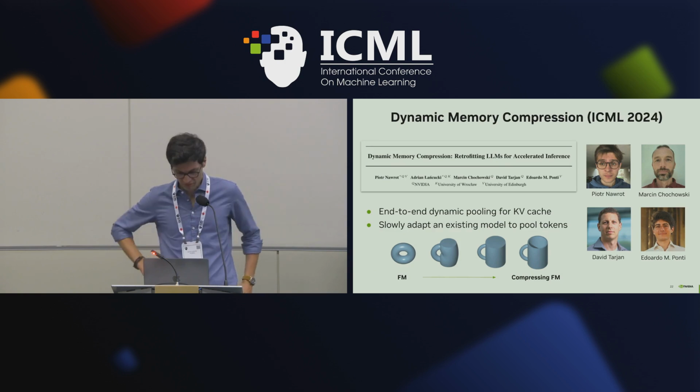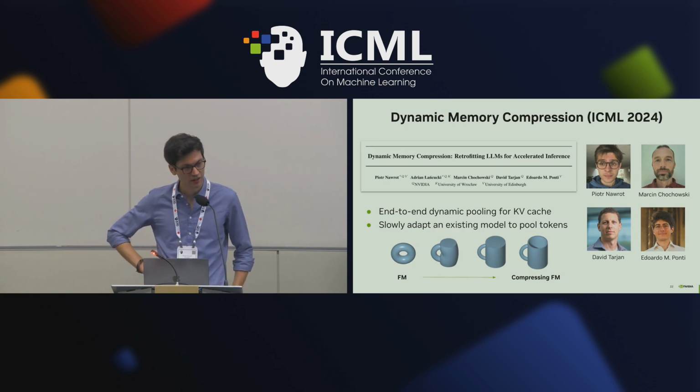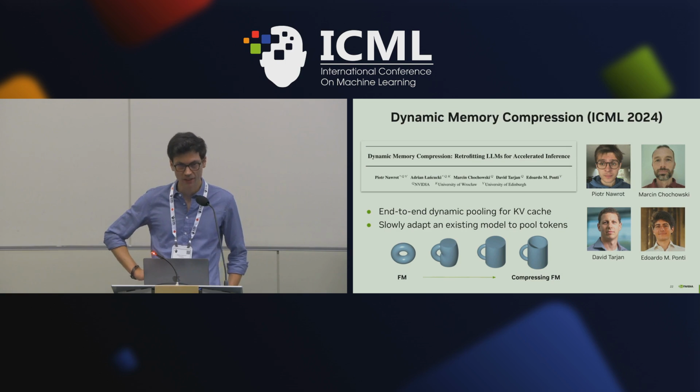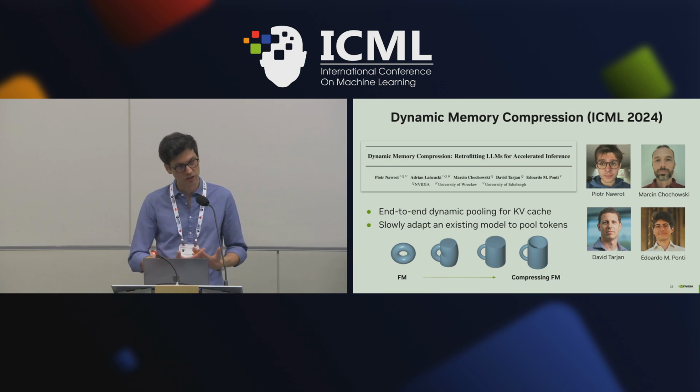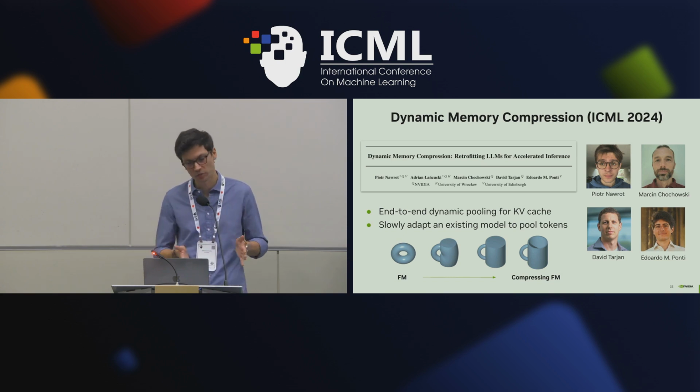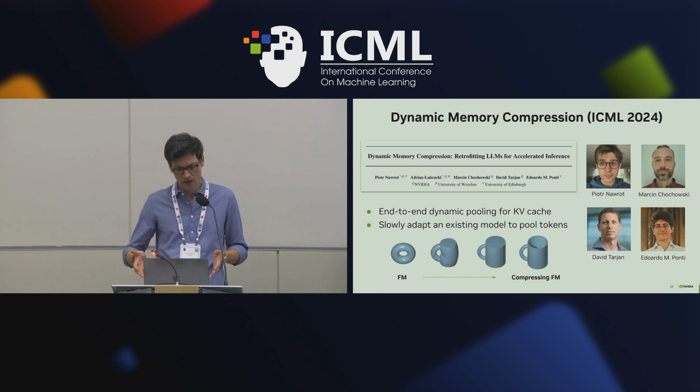Now, let me talk to you about the second paper in the bunch. It's called Dynamic Memory Compression. In this paper, we try to take the lessons learned from the DPT paper, but then adapt it to the KV cache compression problem and to the state when you have a foundation model that you would like to optimize. So think of it as trying to take a foundation model and then slowly ease it into compressing KV cache.